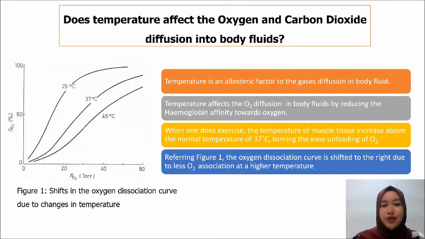Referring to figure 1, it is shown that the curve is shifted to the right at the temperature of 45 degrees Celsius. You can see that the oxygen association with the hemoglobin is lacking.